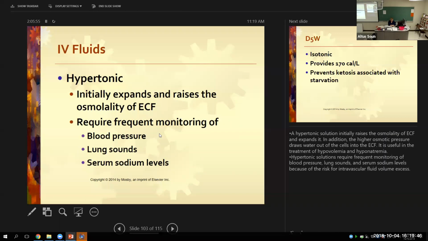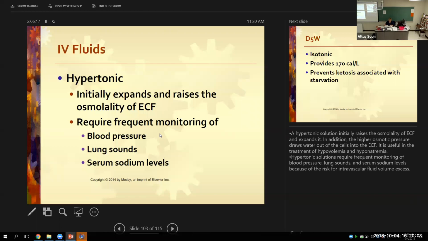In hypertonic, it's going to expand and raise the osmolarity of the extracellular fluid. It requires frequent monitoring of blood pressure, lung sounds, and serum sodium. Because of the hypertonicity of the fluid, you're pulling fluid out of the tissue.